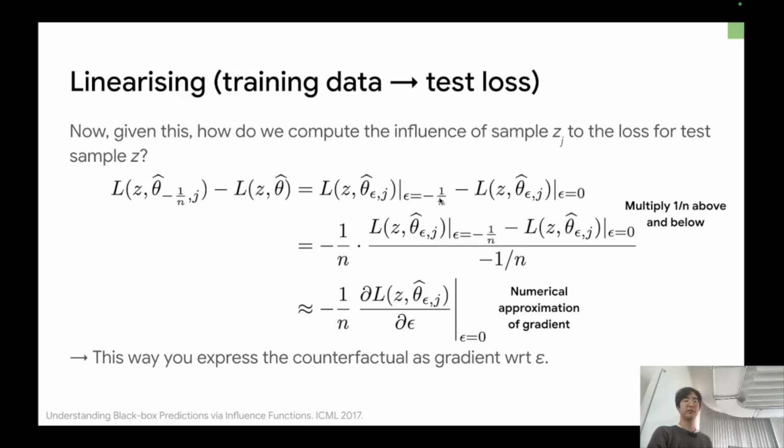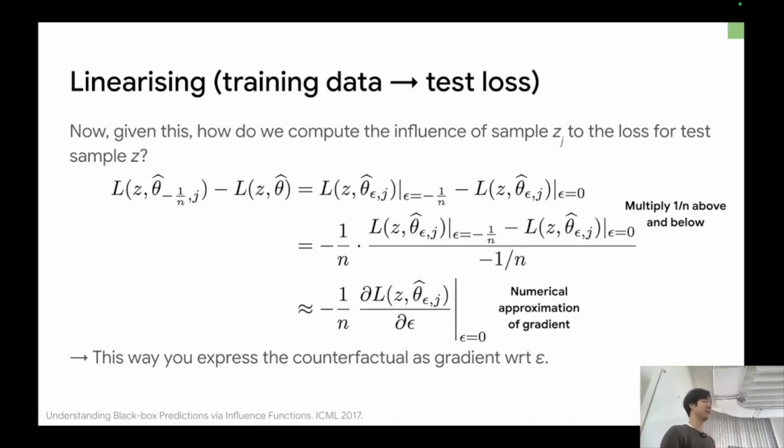And I'm going to turn this into some kind of notation for approximating a gradient, okay? Numerical approximation of a gradient. So if you divide this quantity here by -1/n, this is exactly the numerical approximation of the gradient formulation, right?